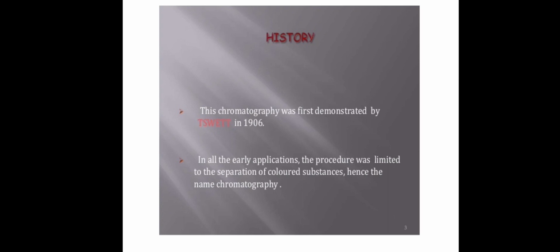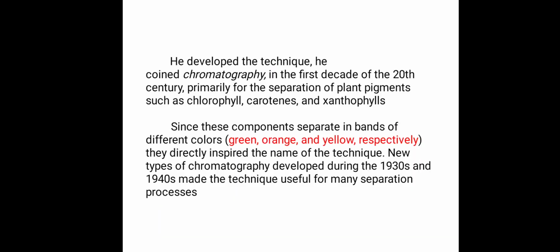So, historical background of column chromatography. This chromatography was first developed by Tswett in the year 1906. In all the early applications, the procedure was limited to the separation of colored substances. Hence, it was named chromatography.